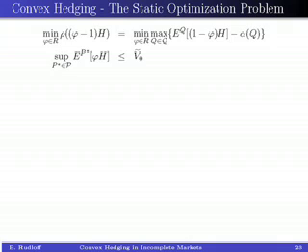Okay, first remark about the static problem. So I've written it down again here. So this was the objective function, and we had this constraint that the super hedging price of this modified claim is less or equal than the capital boundary. And we can also use the dual representation for this risk measure if we have a lower semi-continuous risk measure on L1.